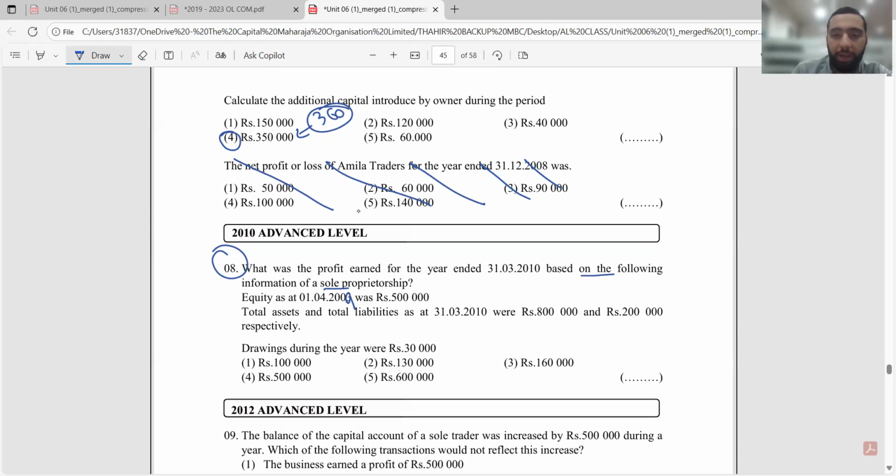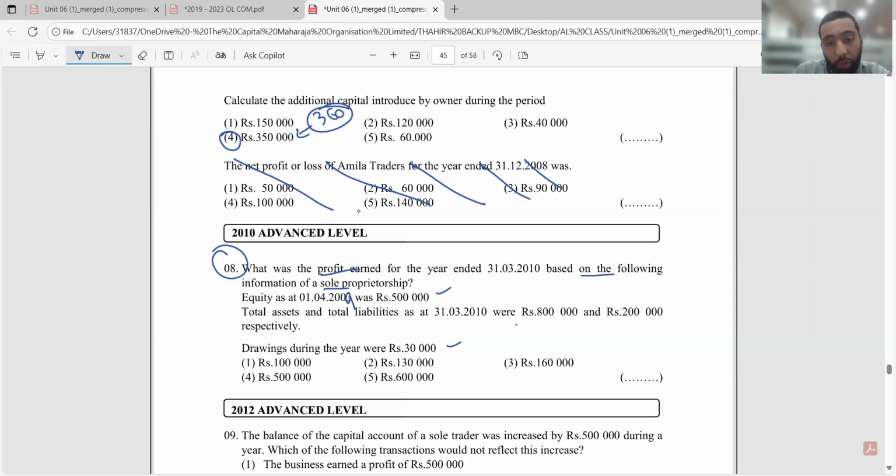So Ziana is saying 3. Let's see. So what they're asking? Profit earned. First of all, what you need to do? You need to get the closing equity. You have the opening equity. You have the drawings. You need to have the closing equity.